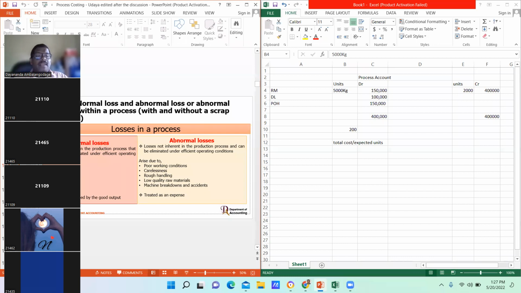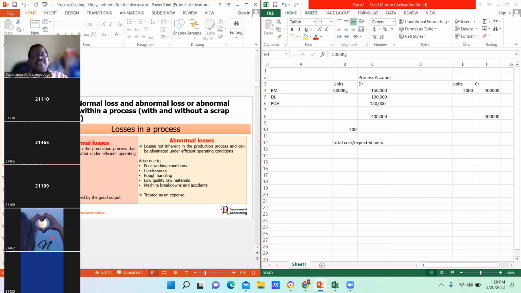When you process oil and liquid things, you get evaporation. In rubber manufacturing, you get the latex and process it, and in the farming industry also, you may see evaporation. For example, when you prepare kitul honey, you may get evaporation, rusting, and that should be absorbed by the good output.